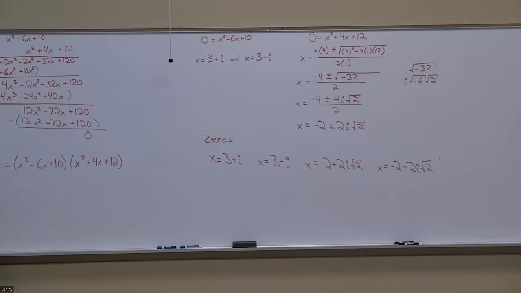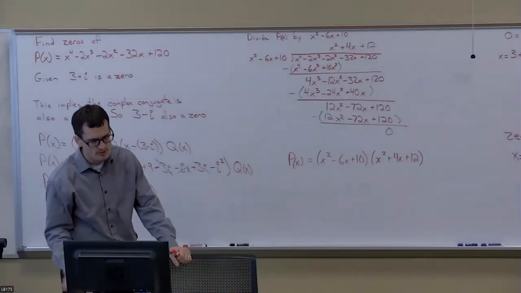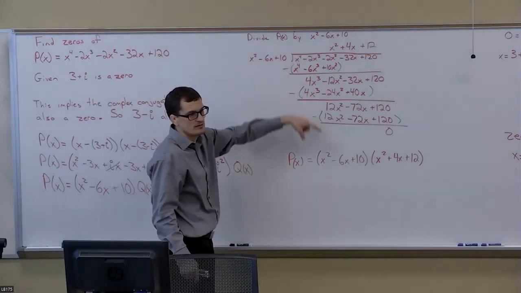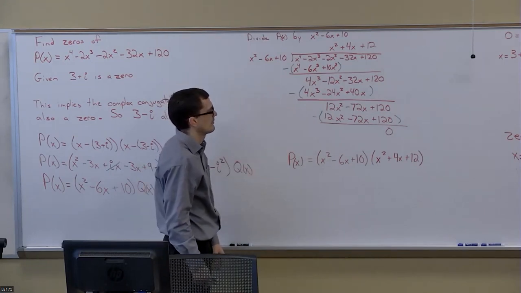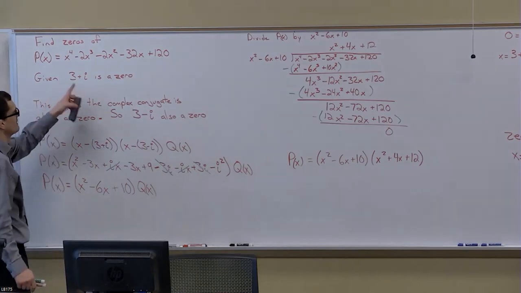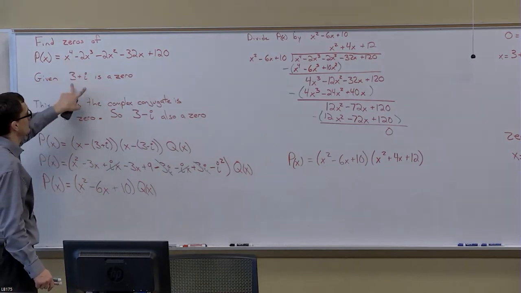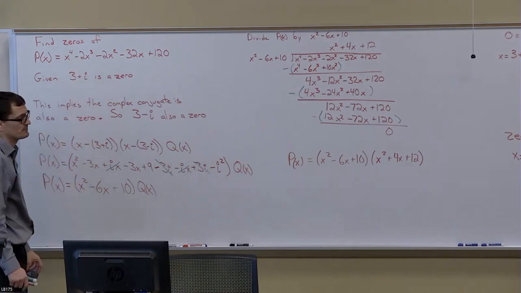We know how to solve quadratics. So if we have quadratics, we can solve those. We know how to divide using long division. And we know that if polynomials have real coefficients, complex zeros occur in conjugate pairs.